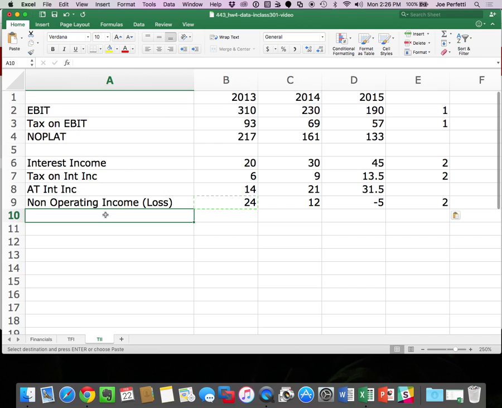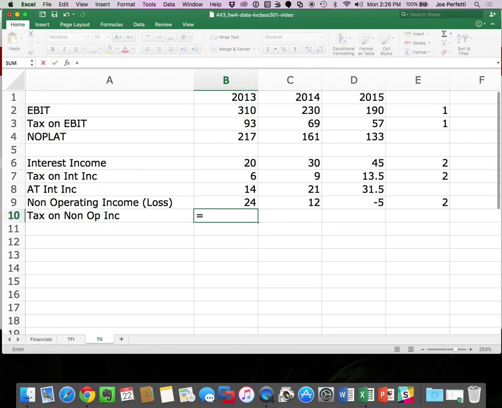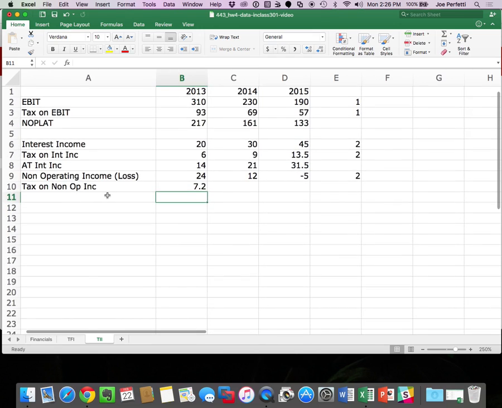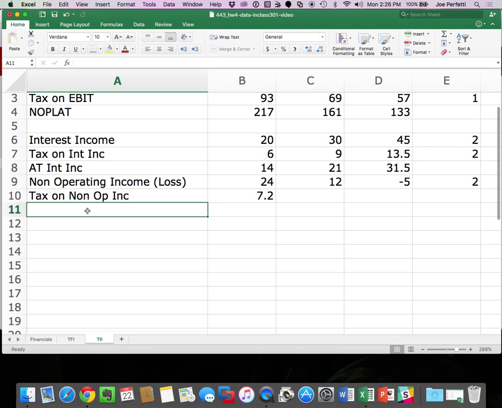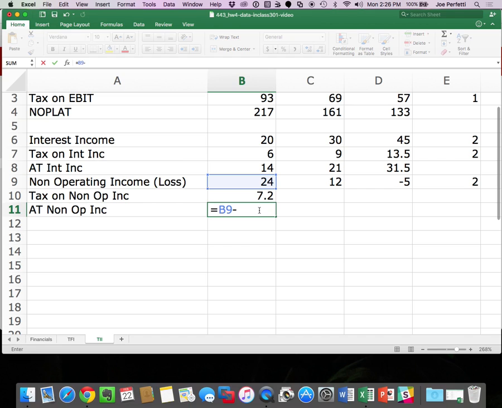I have the tax on the non-operating income, which equals that times 0.3, and that gets me my after-tax non-operating income, which equals that minus that.